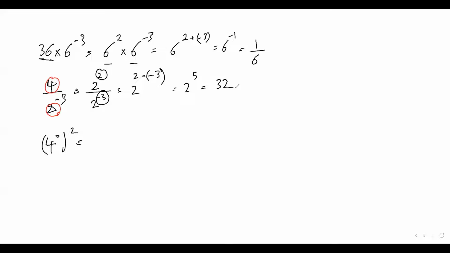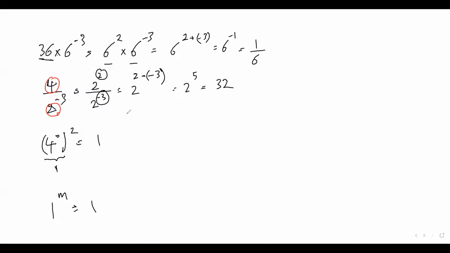Without using a calculator. Now here, anything to the power of 0 is 1. So you can either say, okay, this guy right here is 1, and 1 to the power of anything, guys, 1 to the power of anything is 1, right? So 1 to the power of 2 is 1.